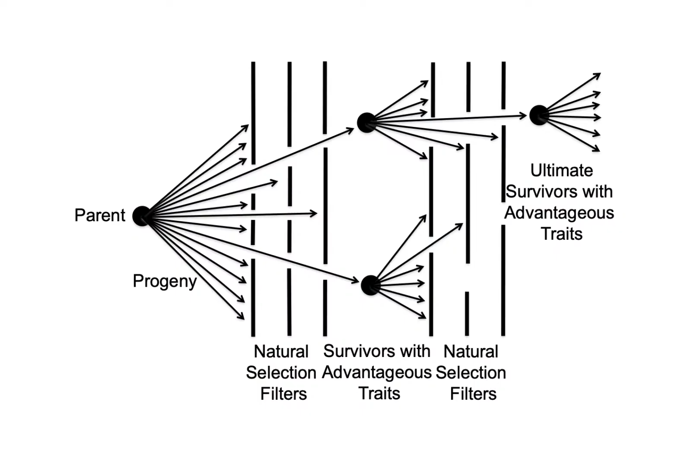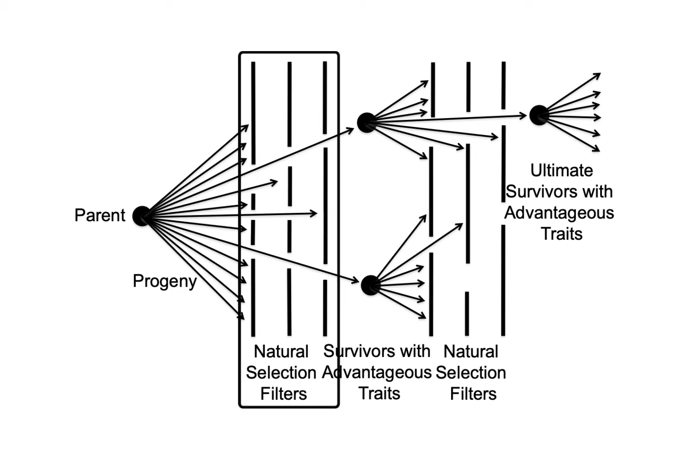So in general, this is how evolution works. You have a parent over here, and then it gives rise to many different progeny. Each of the progeny have mutations, and then natural selection works either for or against those mutations, or in some cases they're neutral mutations, so they get through as well.